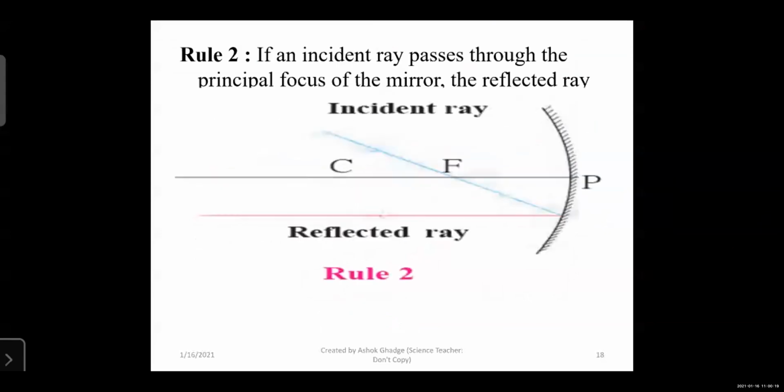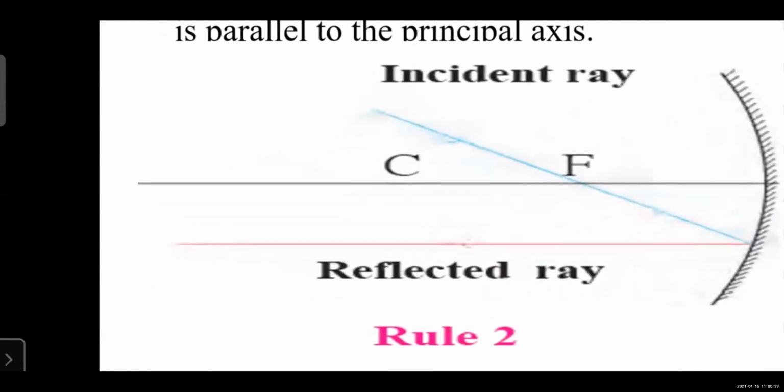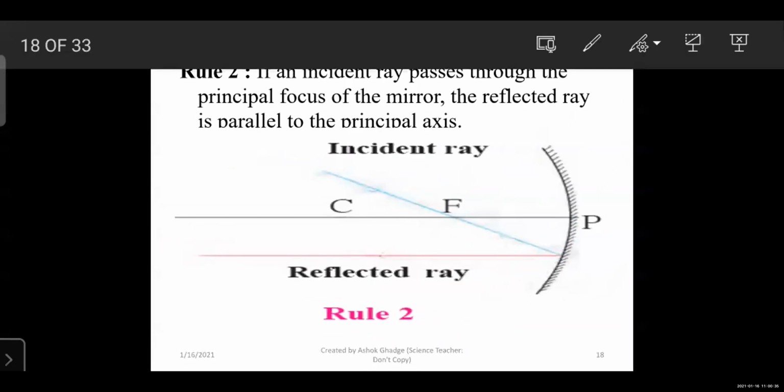Now in the second rule, if an incident ray passes through the principal focus of the mirror, the reflected ray is parallel to the principal axis. Again in this picture, a concave mirror is shown, with the pole, the midpoint of the mirror surface, the principal axis, the center of curvature, and the focus.